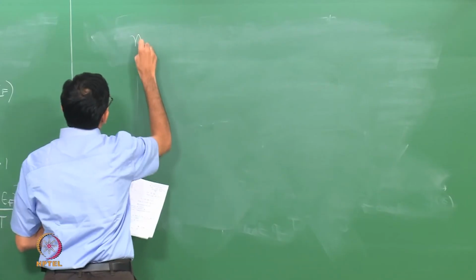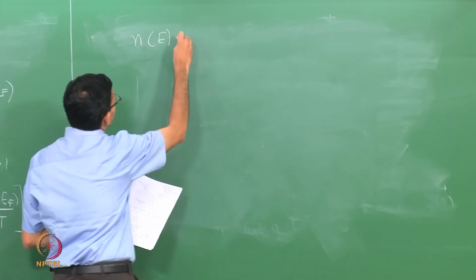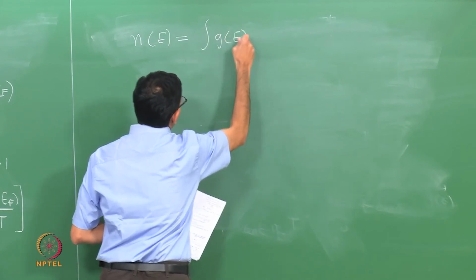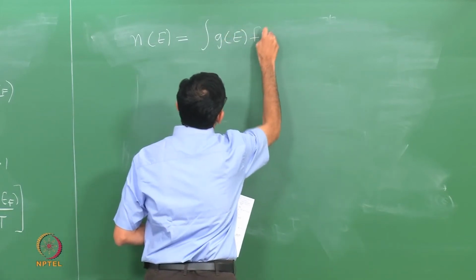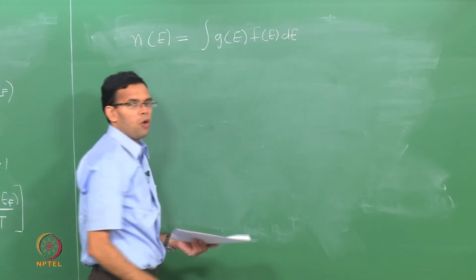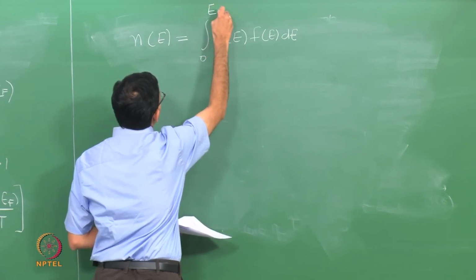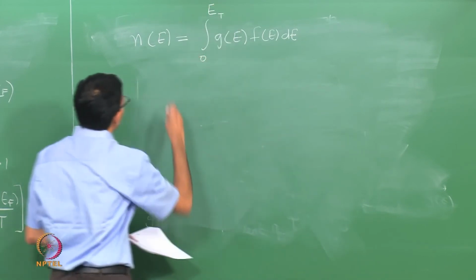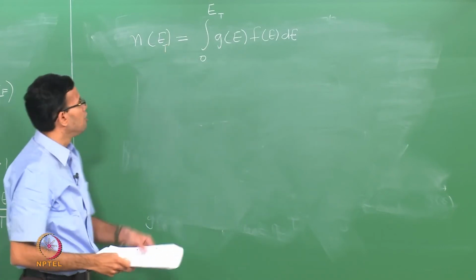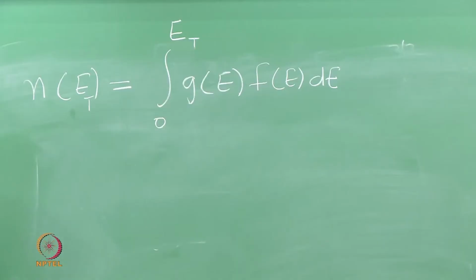So, this expression for the number of electrons or holes is nothing but the density of states times the Fermi function dE. The bottom of the band we set as 0 and we say Et is the top of the band. So, this is the total number of electrons with energy less than Et, or the total number of electrons in a band.